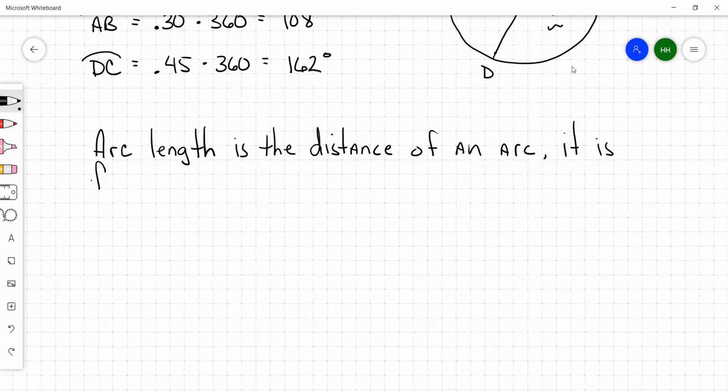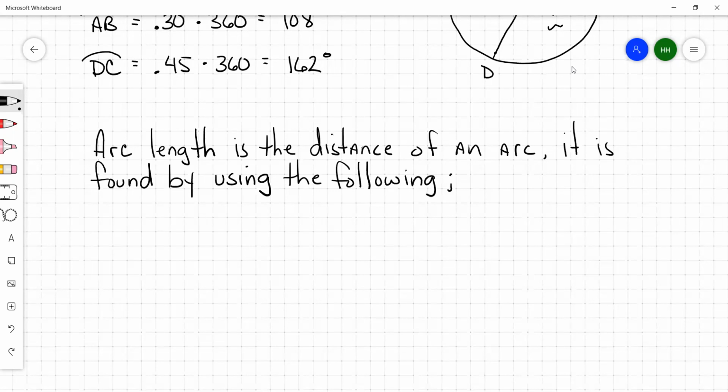It is found by using the following. So we're going to say that the length of an arc is equal to x over 360 times 2 pi r.